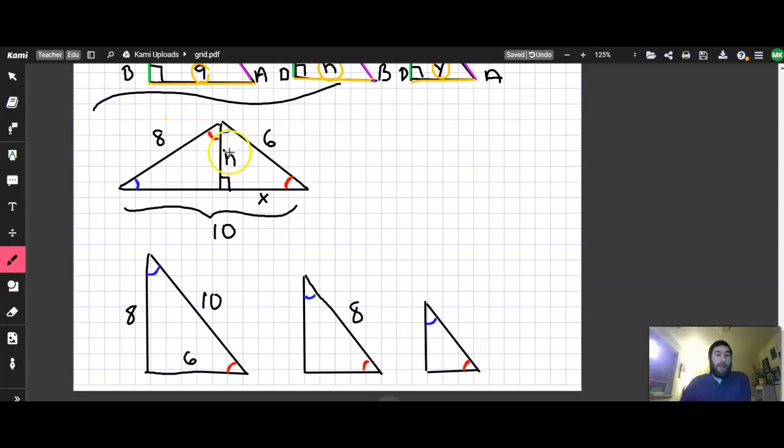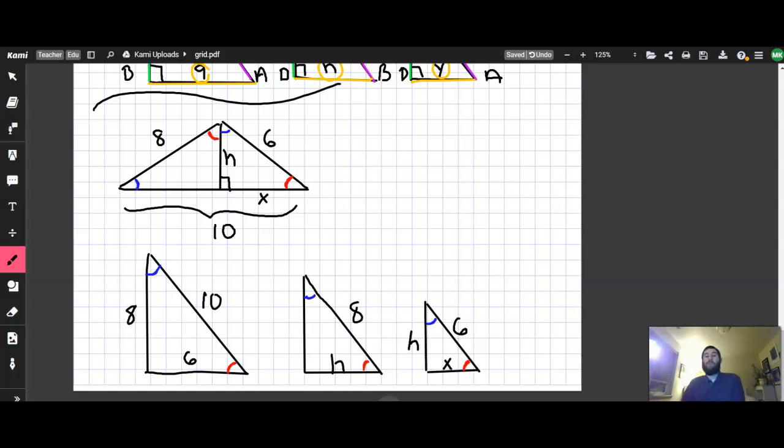And h is the side between the 90 and the red. And then, last but not least, in our smallest triangle, we have 6, h, and x. So 6 is the hypotenuse between the blue and the red. H is between the blue and the 90 degree. And the x is between the 90 and the red.